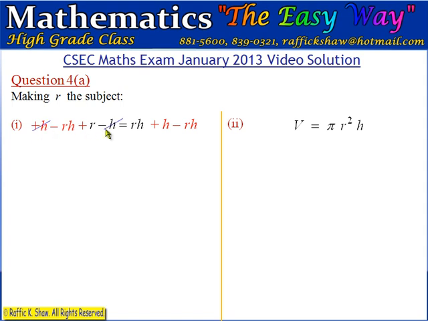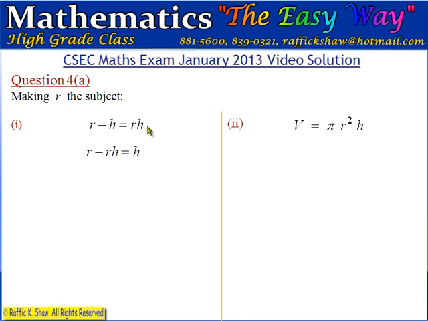Now this plus H will eliminate this minus H on this side, and on the right hand side RH here will eliminate minus RH here, and so on the left hand side we will have R minus RH, and on the right hand side we will have only H. So it reduces to R minus RH on the left hand side equals H on the right hand side.